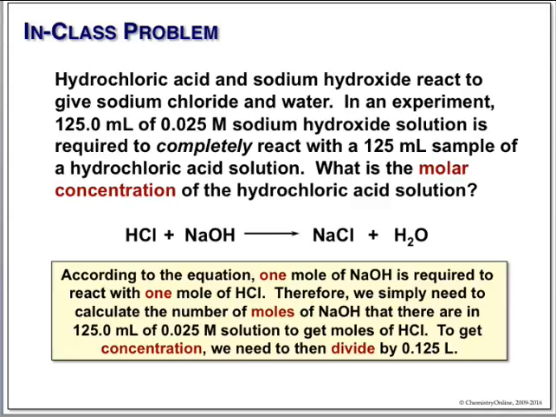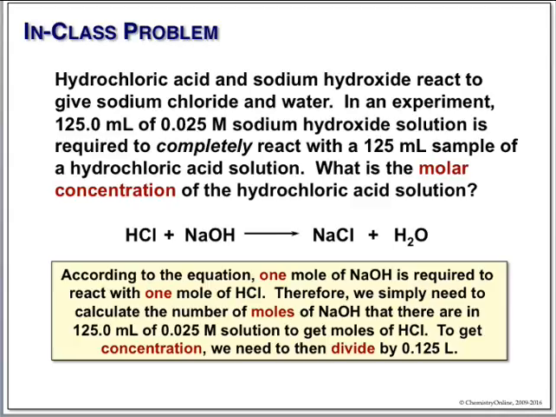What do we remember? Concentration times volume gives us moles. We know that. We say that at night. Remember? Concentration in molar times volume gives us moles. So we can take our concentration and our volume of sodium hydroxide and know how many moles that is.